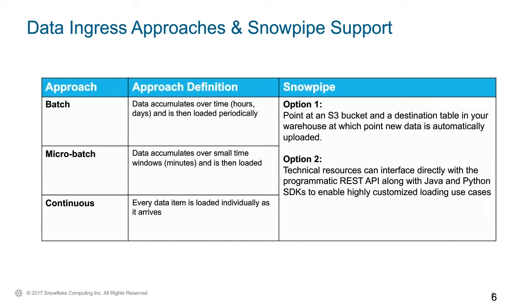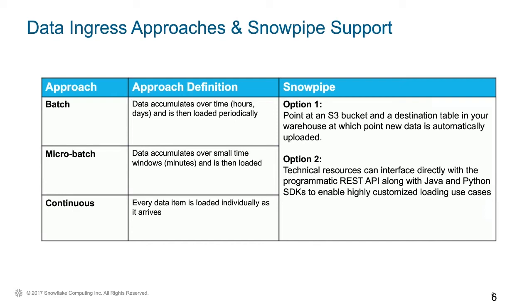You can work around some of the latency-related issues for continuous data by following a micro-batching approach, again using copy, where you accumulate the data over smaller periods of time, for instance a couple of minutes, and then use a copy statement on a schedule to load it.